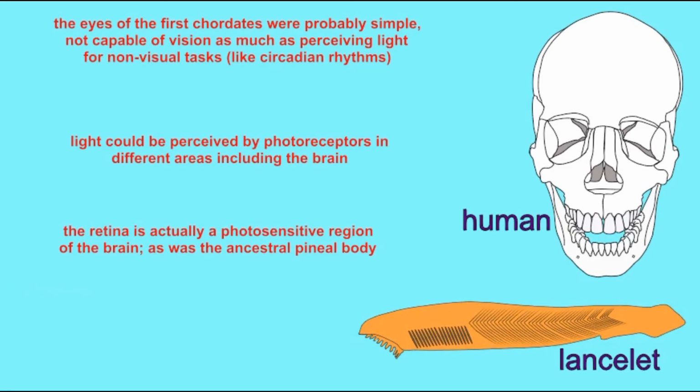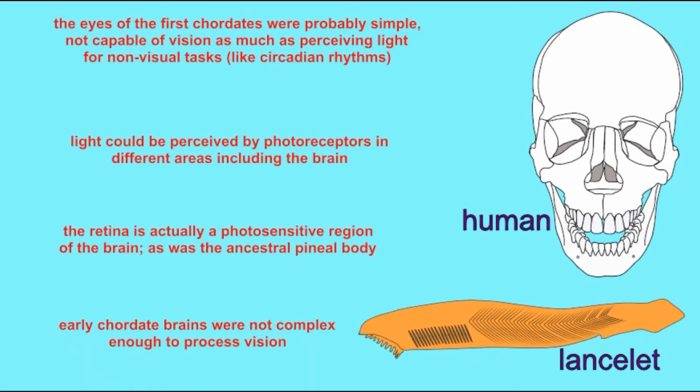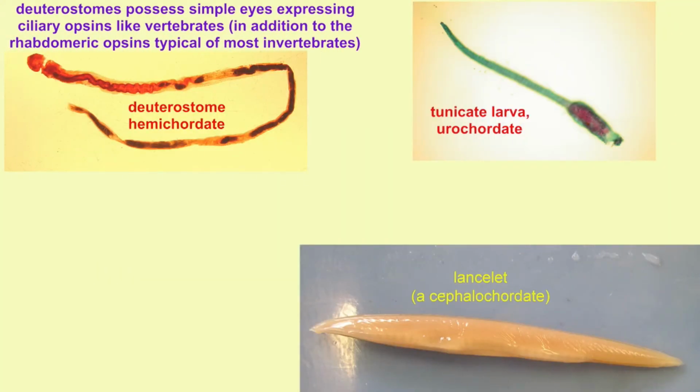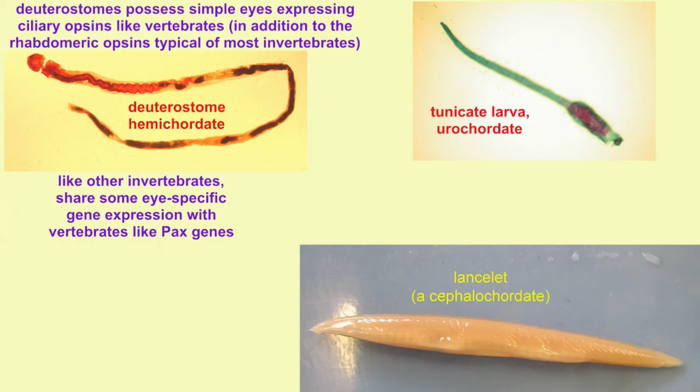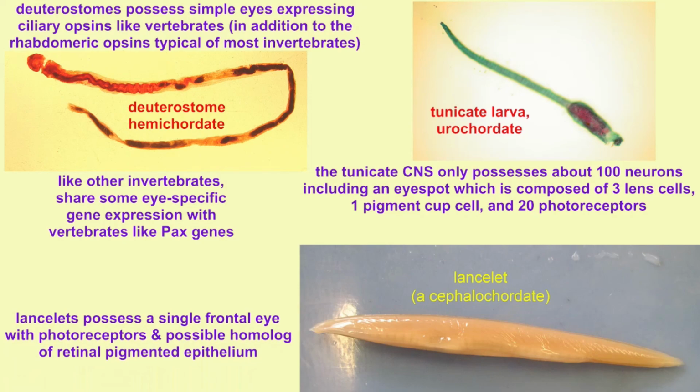However, these chordates did possess the opsin proteins, the ciliary opsin proteins, and the modified cilium which composes human photoreceptors, neural tissue capable of processing light, including the suspected homologs of the lateral eyes and/or the pineal body, in addition to other structures which are the building blocks from which the vertebrates would develop their more complex eyes.